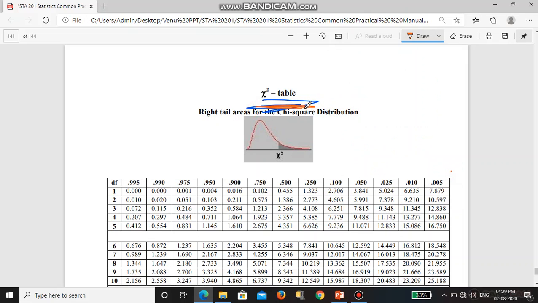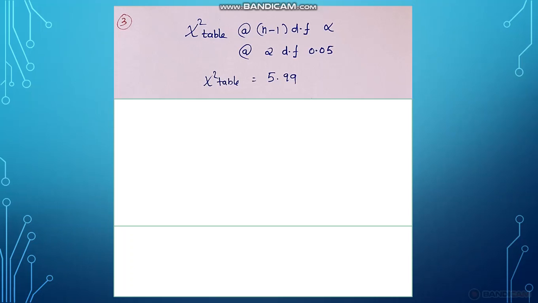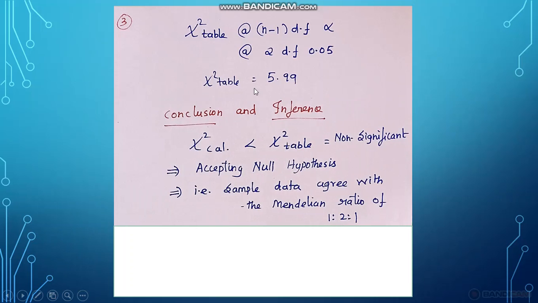In this you can see the 0.05 level of significance, and at 2 degrees of freedom the value is 5.991. So the table value is 5.991.